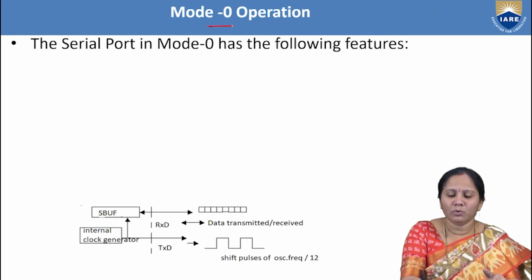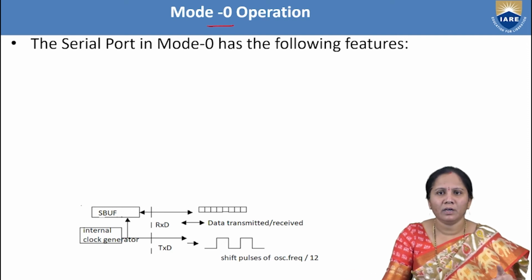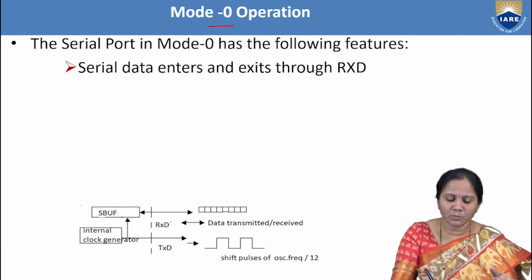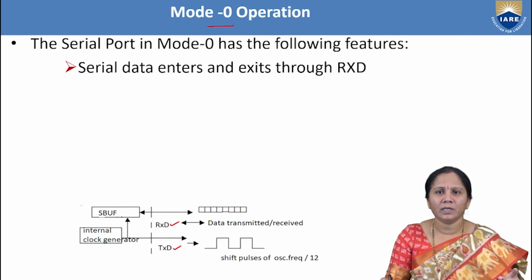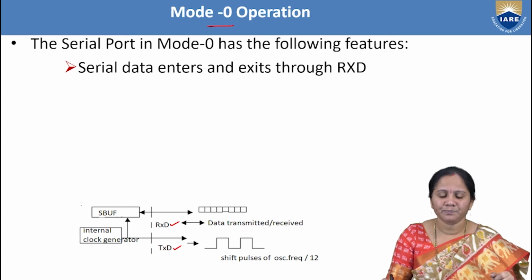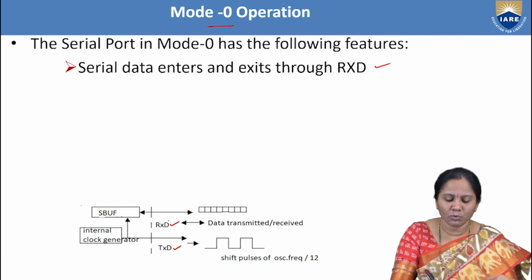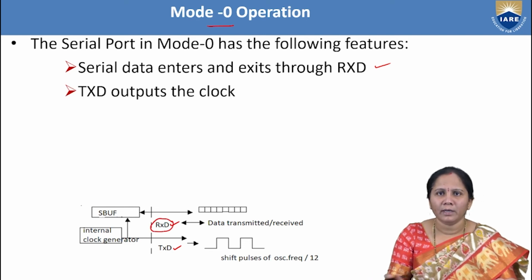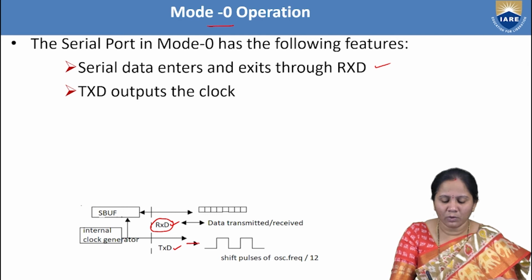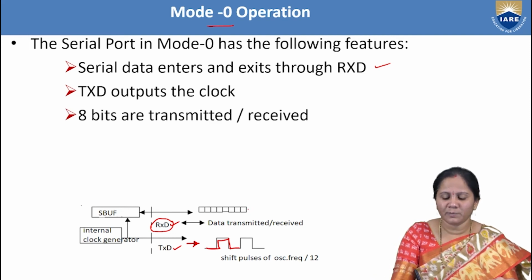Now coming to mode 0 operation. Mode 0 has the following features. In this mode both the transmitter and receiver operate with the same clock frequency. Serial data enters and exits through the RxD pin and the transmitter clocks out the clock signal, and 8 bits are transmitted and received.